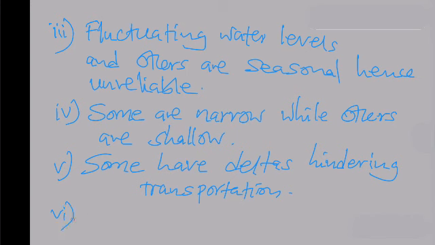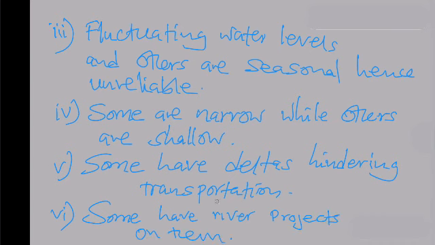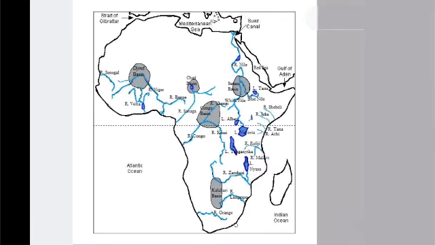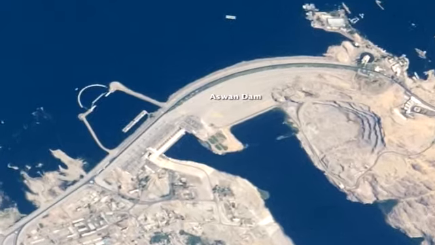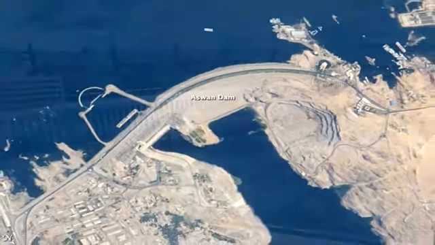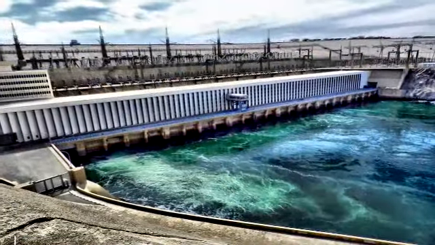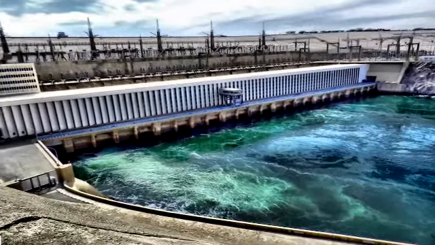And then finally, most of these rivers have river projects, and when there are river projects, for example, the dams and the generation of electricity, this hinders or obstructs the development of waterways. Now this makes most of these rivers not navigable, and we are going to discuss this as we look at the river projects in Africa at large.